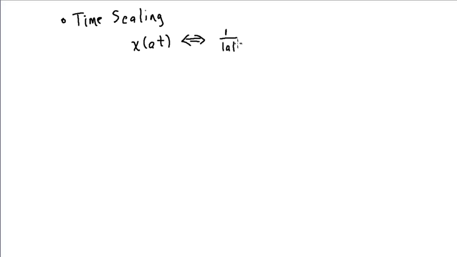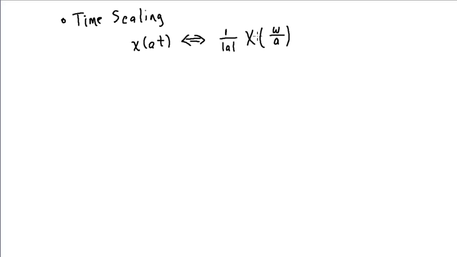Okay, time scaling. If I have a function that's equal to x of at, then the corresponding Fourier transform of that function is 1 over the absolute value of a times the Fourier transform of my original function with argument omega over a.